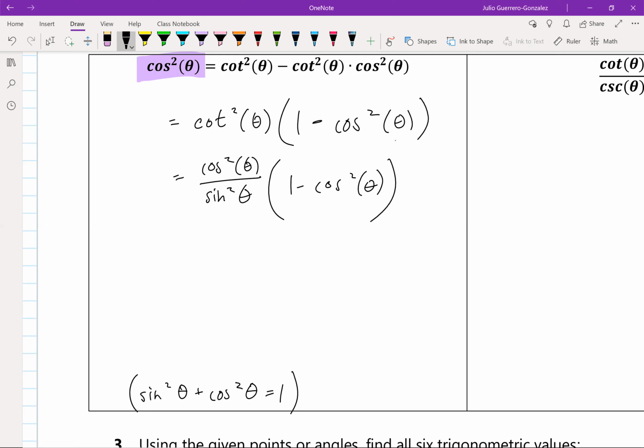Would you have to put the 1 minus cosine squared theta over 1 and then do it from there? You can, or like I said, you can use this thing down here.